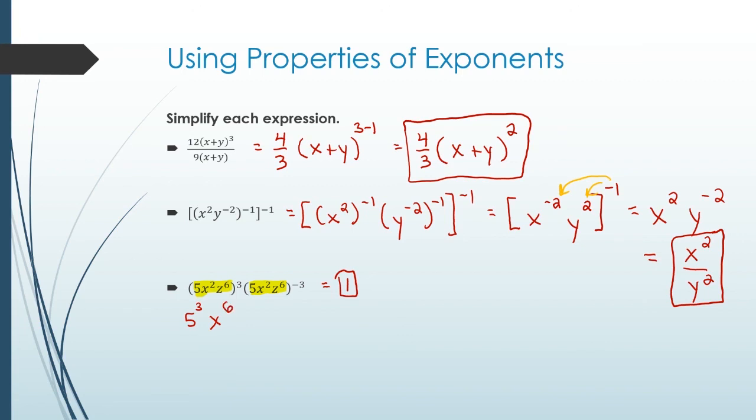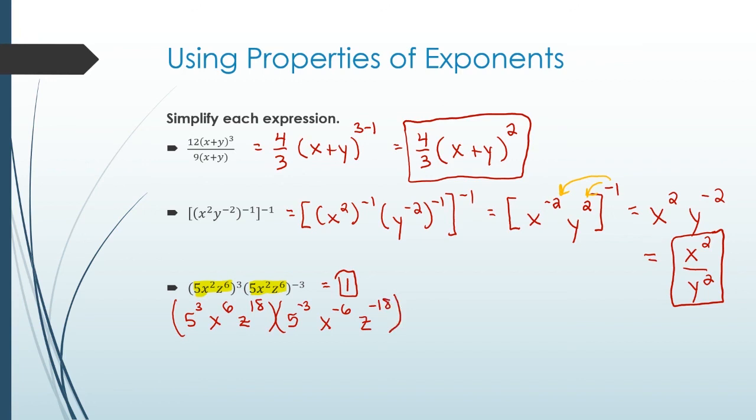And then z, 6 times 3 is 18. And then I do the same thing with the second one, 5 to the negative 3. And then x, 2 times negative 3 is negative 6, so that's x to the negative 6. And then z, 6 times negative 3 is negative 18, so that's z to the negative 18.